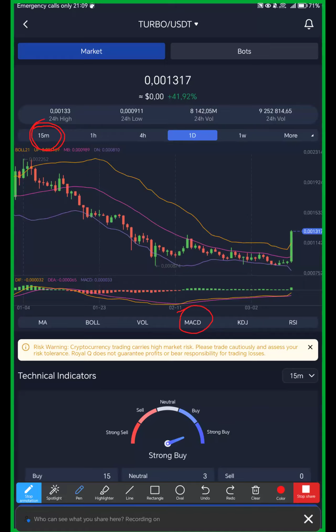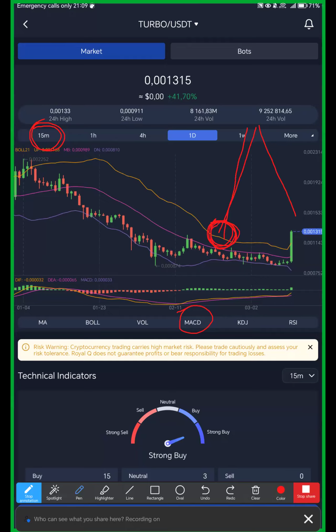Remember I said that in the spot market, we only trade the upward movement of price. We don't trade the downward movement of price. So we're going to look for an opportunity that is emerging from the lowest price, and then the price is trying to go up. So we want the robot to look for these opportunities.